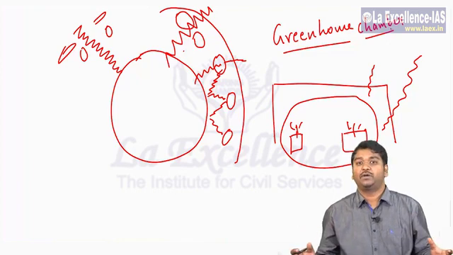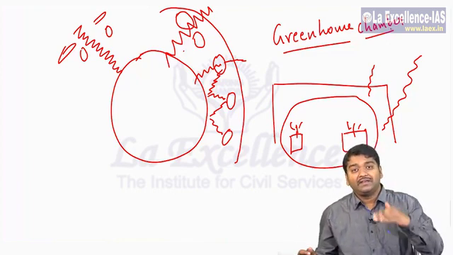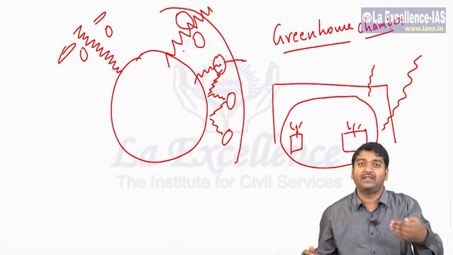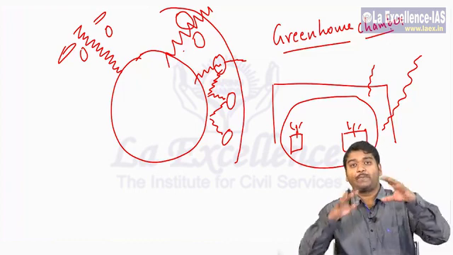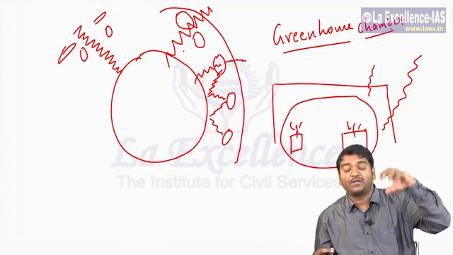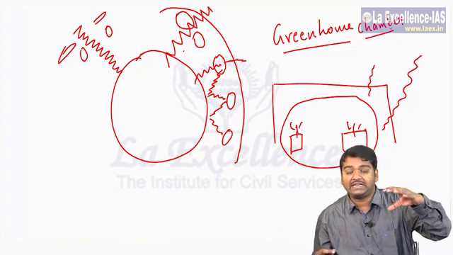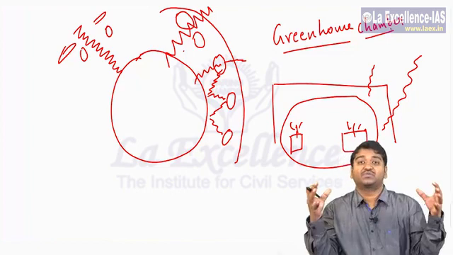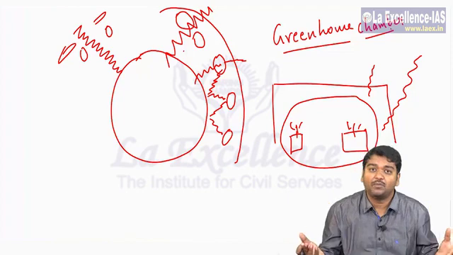Now the biggest problem is that with increasing greenhouse gases, that is carbon dioxide, methane, and all this, more particles are present and it is keeping more heat on the surface. More heat is trapped. As more heat is trapped, what is the problem?